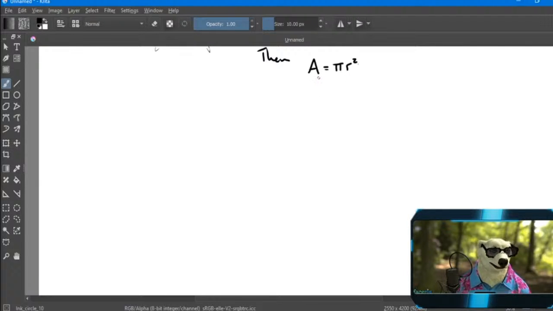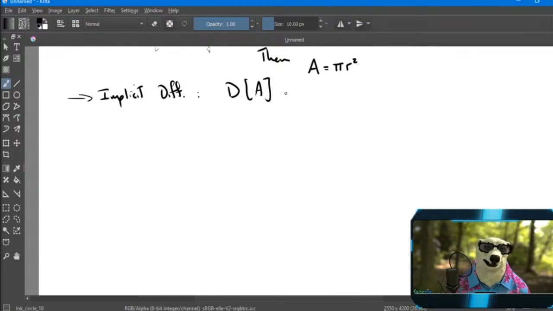In order to do that, I'm going to write over here. I just had my picture there. We are using implicit differentiation to get those derivatives, by taking the derivative of whatever is on the left and the derivative of whatever is on the right.